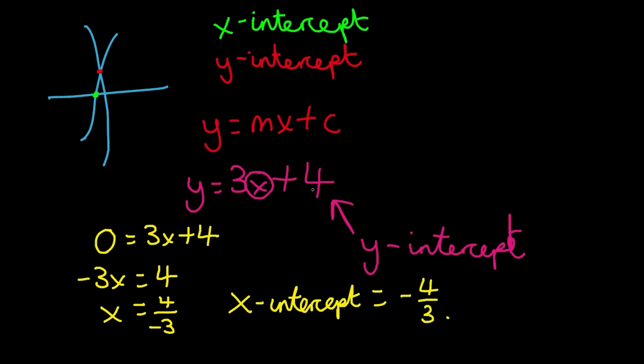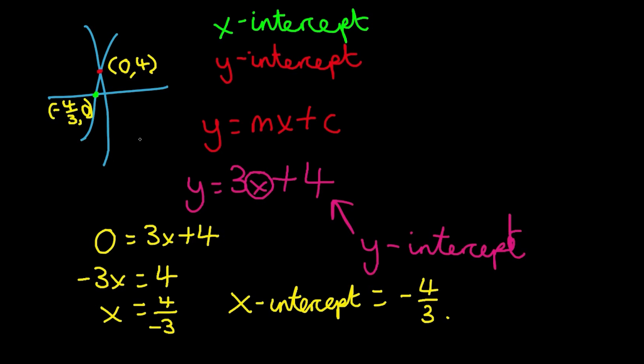So we can put these points on our graph. It's often helpful to do so. So the y-intercept is at x equals 0, and 4. So that point is (0, 4). And this point we've just worked out is -4 over 3, and the y value is 0.